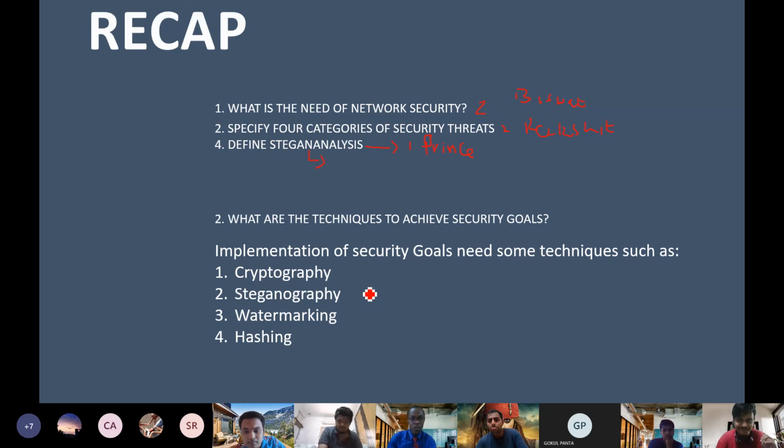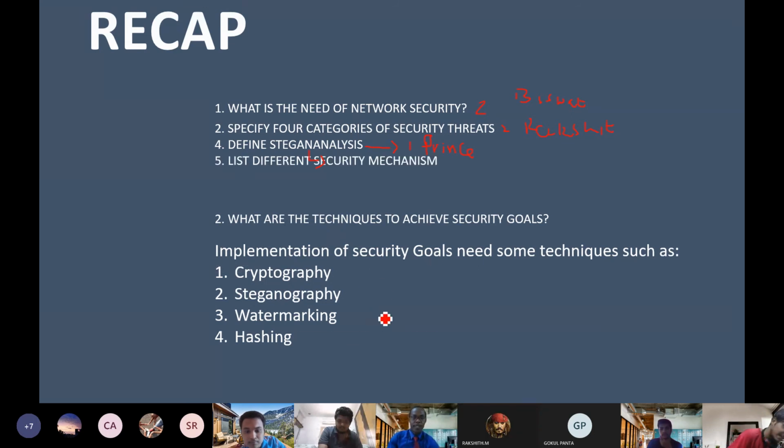Okay, next question is going to Jivan. List the different security mechanisms. Jivan first.